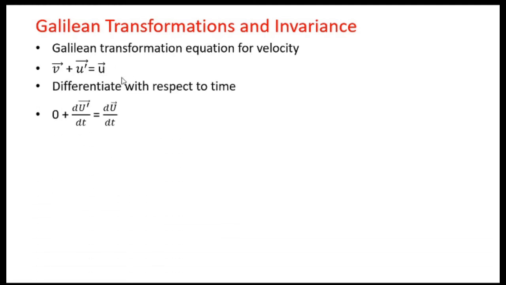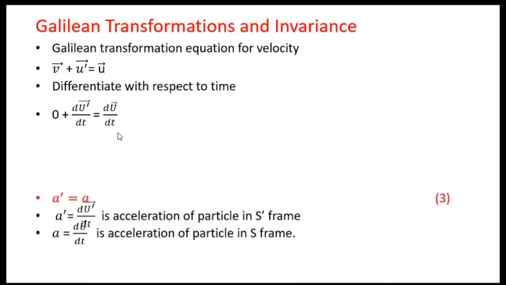Now see, if we differentiate it again with respect to time t, the time derivative of velocity is acceleration. Since this v is constant, you get a 0 here and you get du'/dt is equal to du/dt.